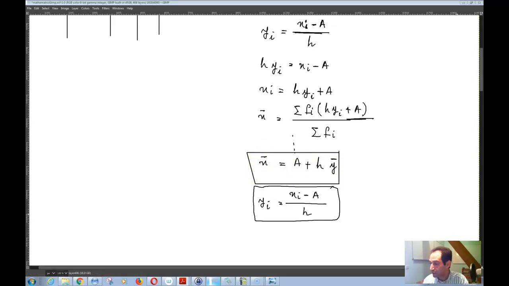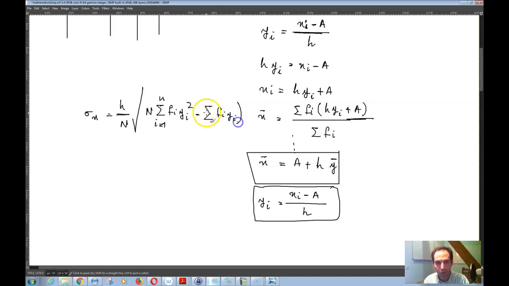And also we calculated sigma of x as h divided by n times the square root of n times sigma of f of i y of i squared, as i goes from 1 to n, minus sigma of f of i y of i, all squared, as i goes from 1 to n.